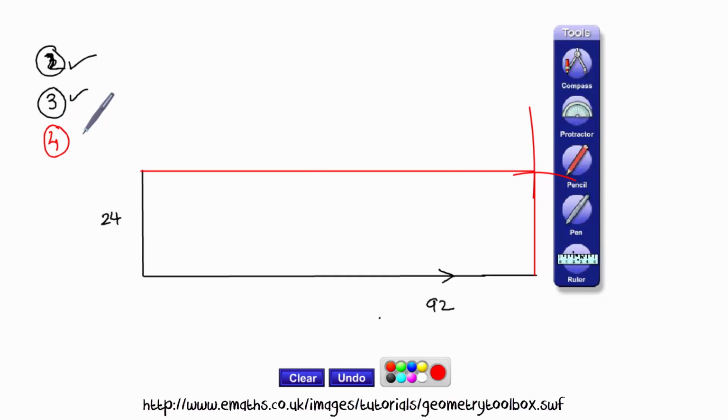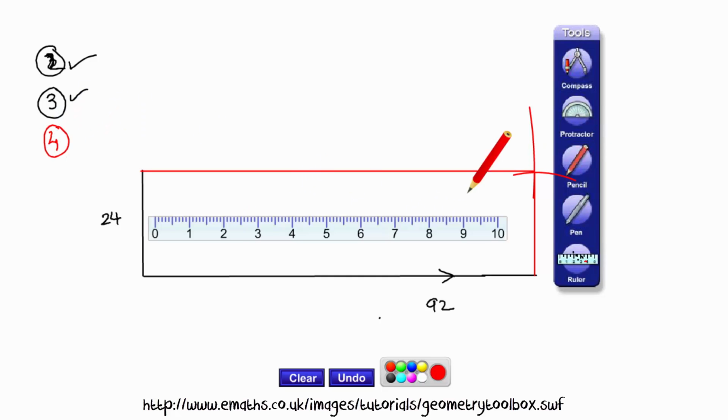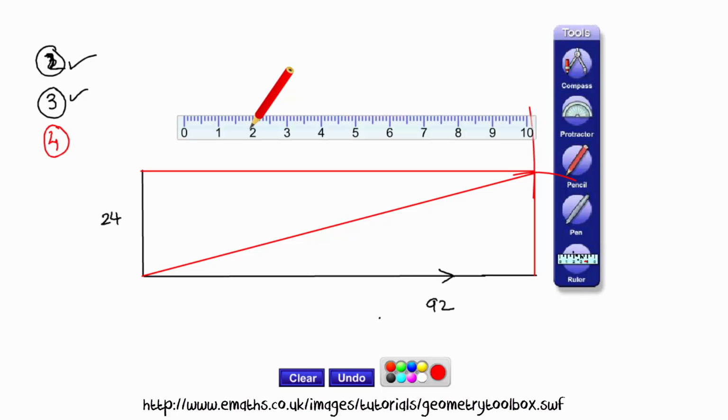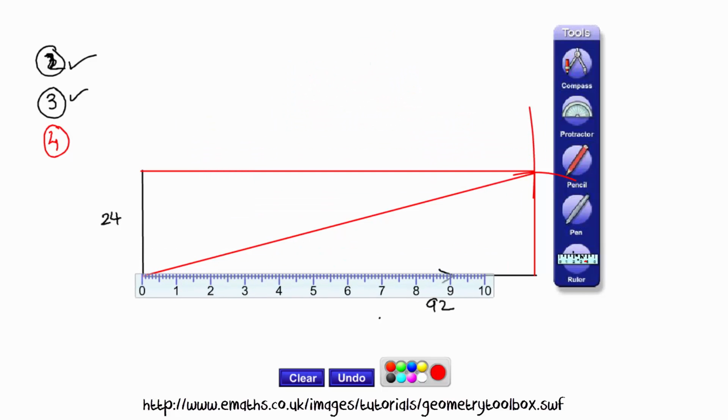What is the next step? I need to draw the diagonal from this end, starting from here and going up to there. As I told you earlier, this diagonal will behave like the resultant of my two vectors, right? So now I need to measure its size, because if I don't have that, I cannot do anything.